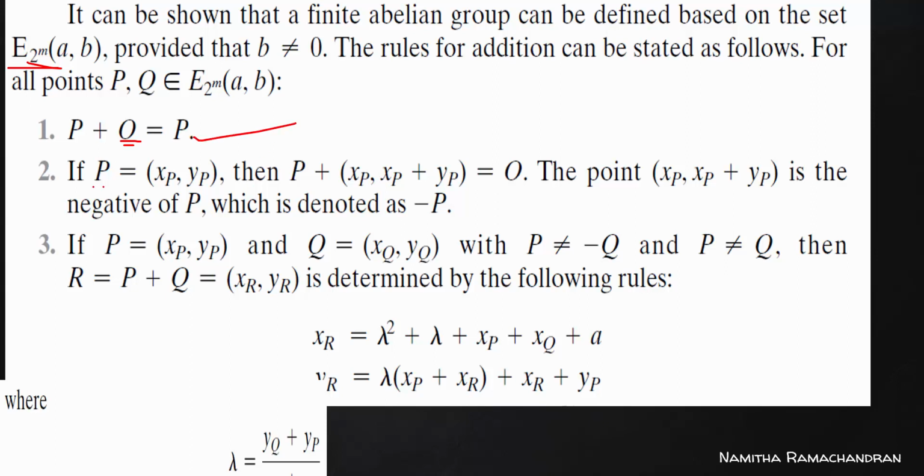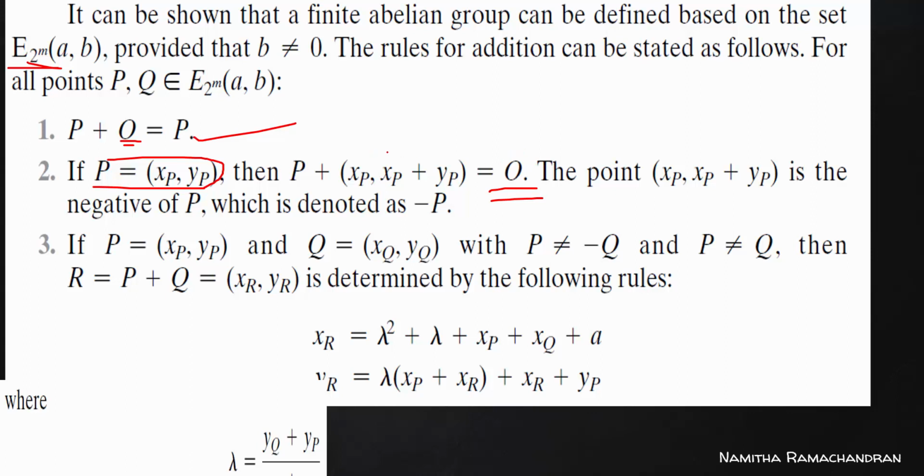And consider this point P and another point with xp comma xp plus yp. Adding P with that point at xp comma xp plus yp, it will generate the result as that additive identity.